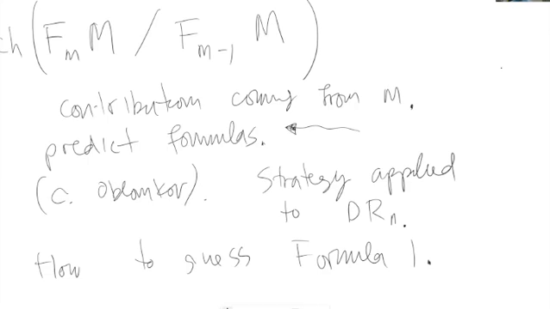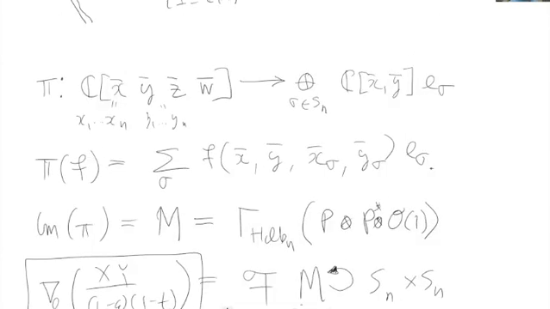Okay, let's see. So now I guess we're at the next point. Are there any questions so far? Okay, so at this point, this is how one might predict this formula.